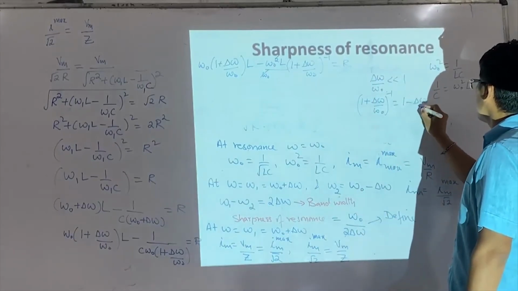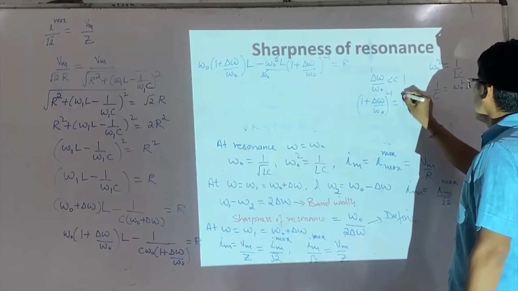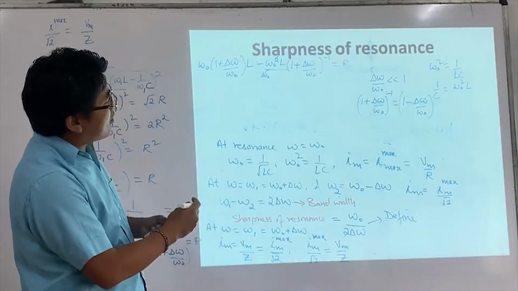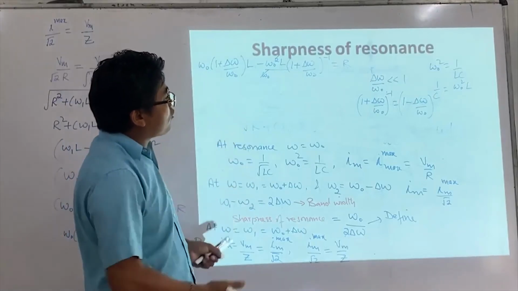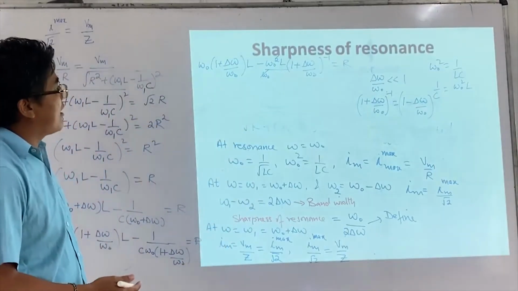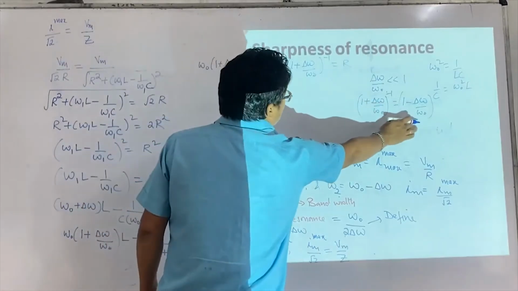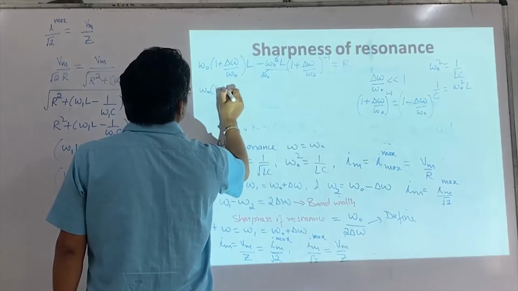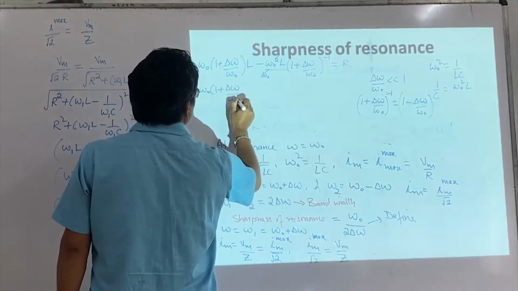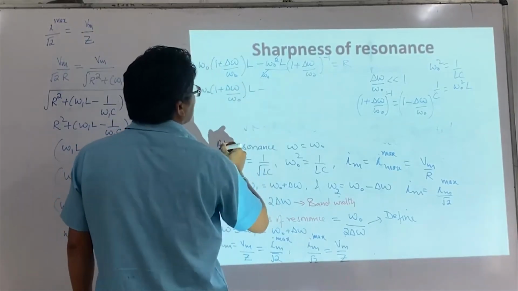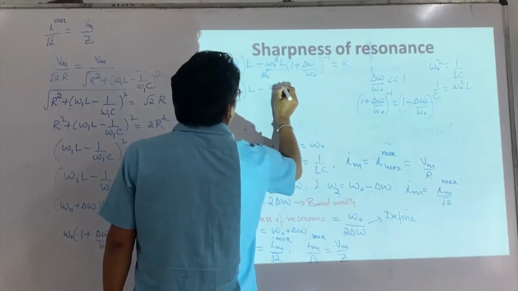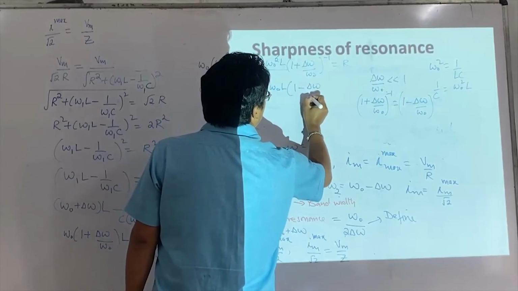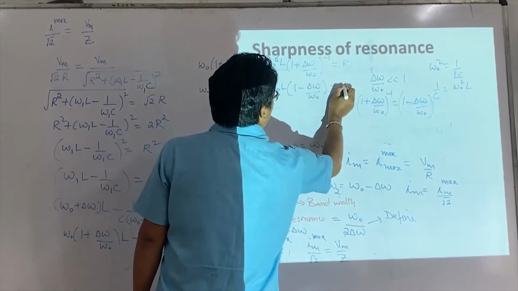This is an approximation, and you don't need to know how we get this. You might have done it in class 11. So now substituting this, we get omega naught L (1 plus delta omega by omega naught) minus omega naught L (1 minus delta omega by omega naught) equal to R.